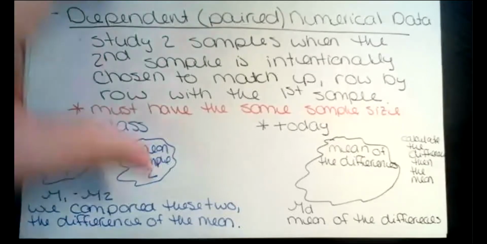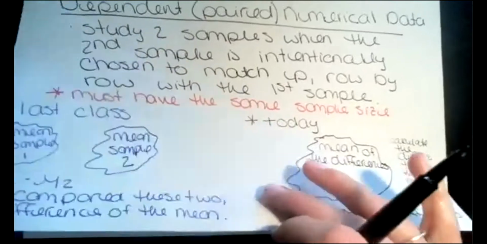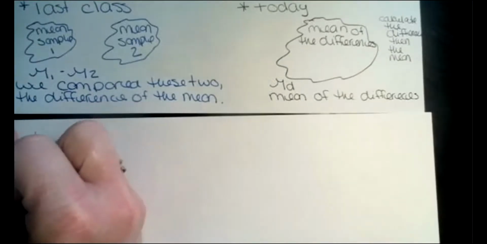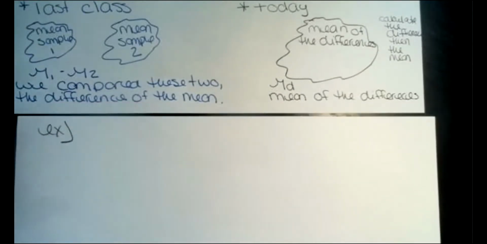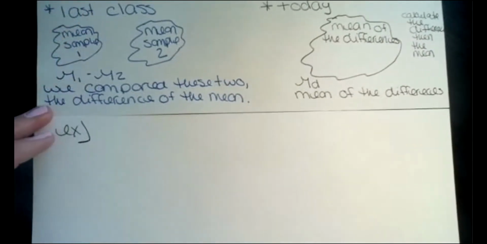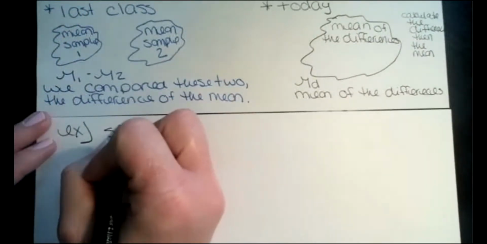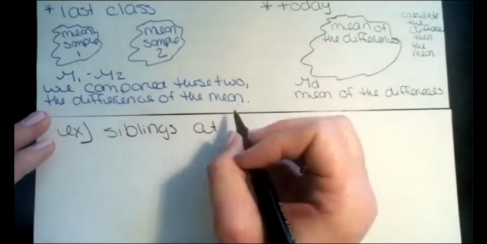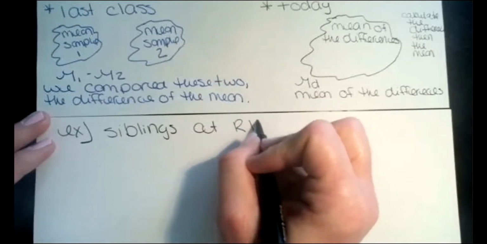So let's take a look at and talk about a little example. We won't work through this example, but just a little example of what we would be doing. So for example, and this is happening I think actually in our class right now, siblings, right? Yeah, you know who you are, siblings at RIT.